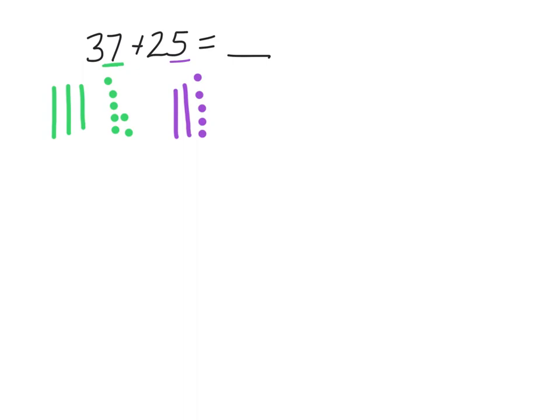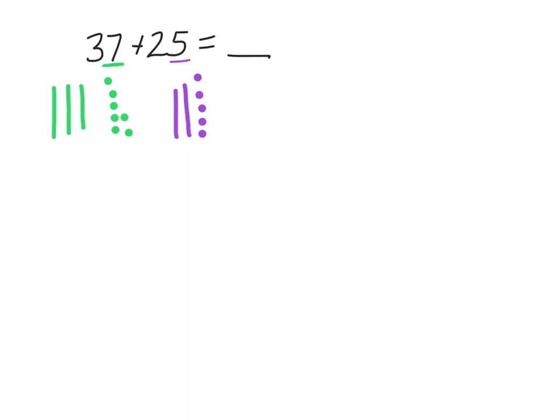So we are going to go ahead and make this 7 into a 10 by taking some ones from 25 and moving it over in order to make it a 10. So 7 plus what would make 10?